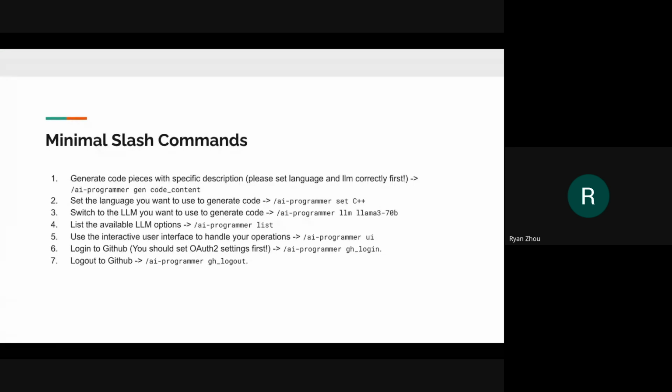And meanwhile, users can use the interactive user interface by this UI command. And because this app allows us to share our code to GitHub, they need to log into GitHub by configuring the OAuth2 settings.